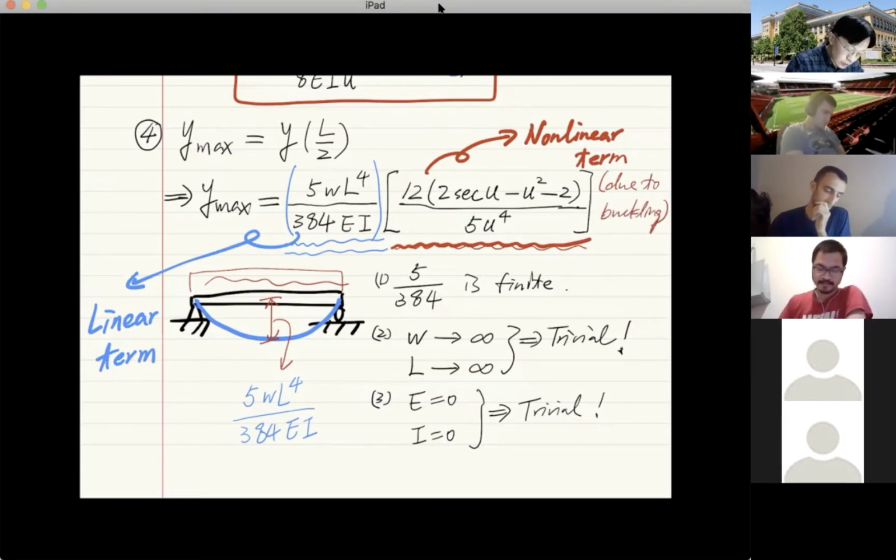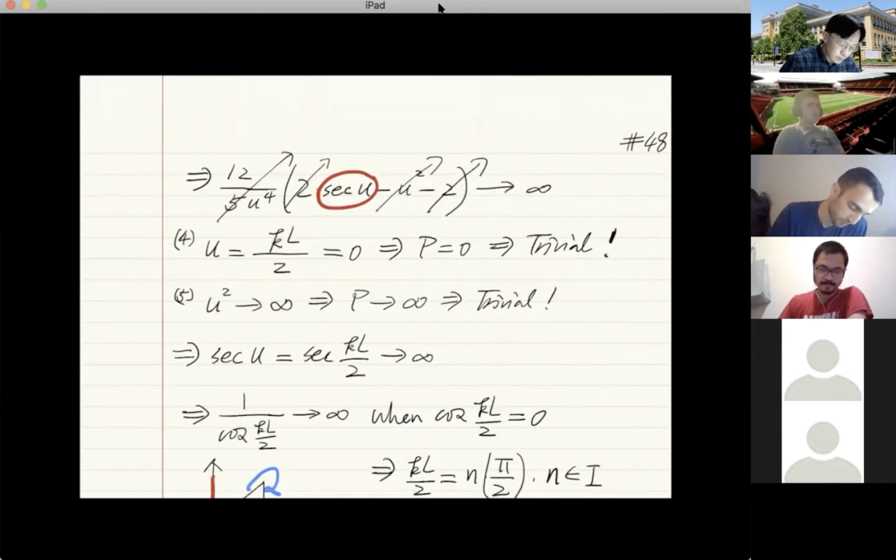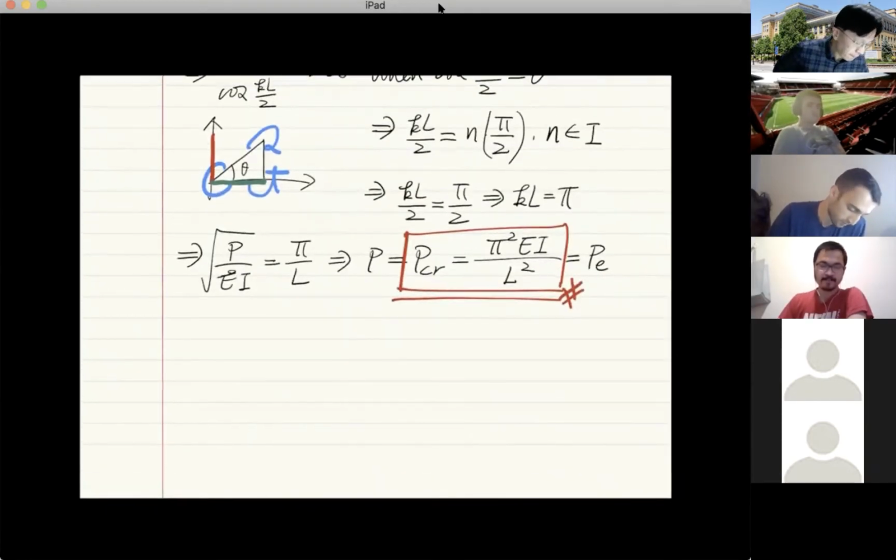And the linear term is due to what? Due to lateral loading. In this case, it is the uniformly distributed load. Now we'll come back to better look at this expression.